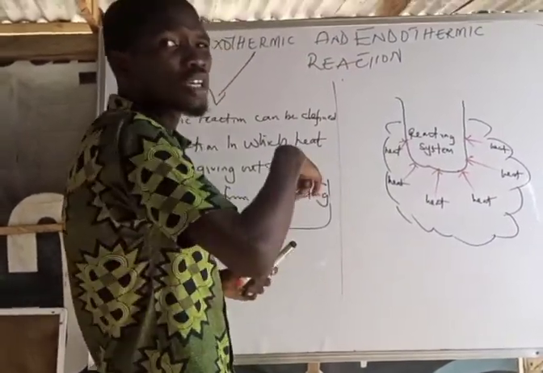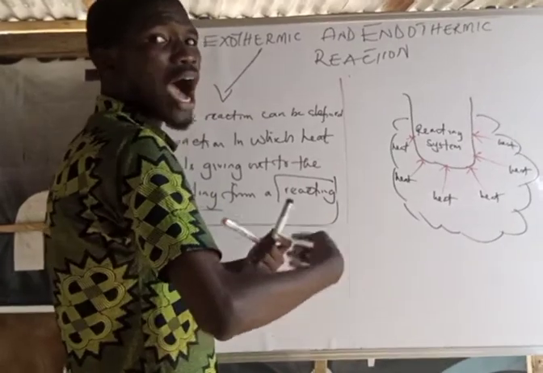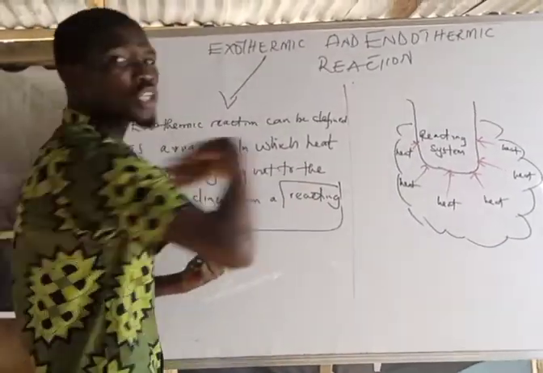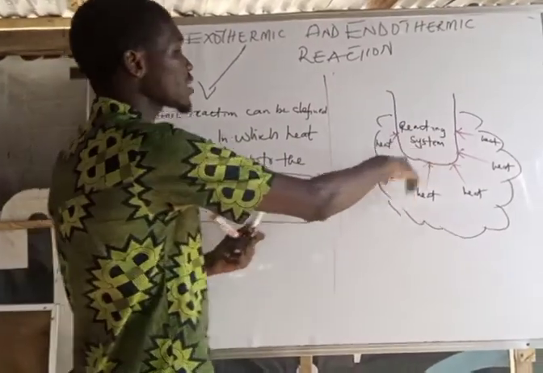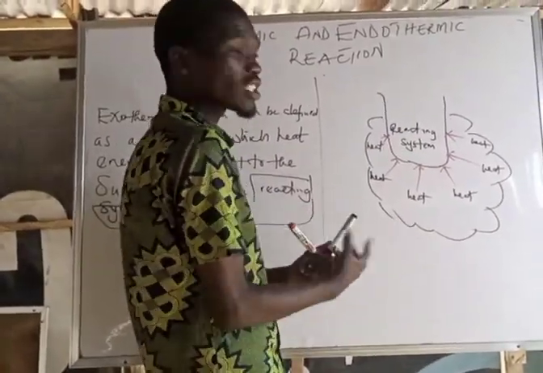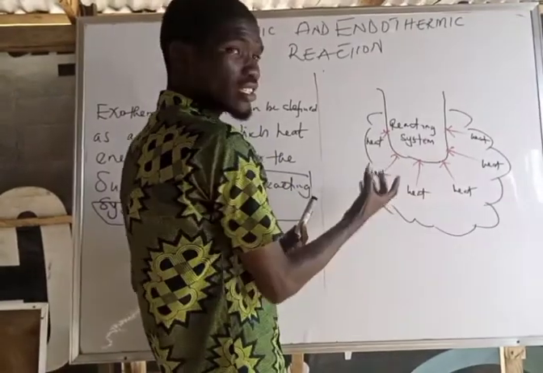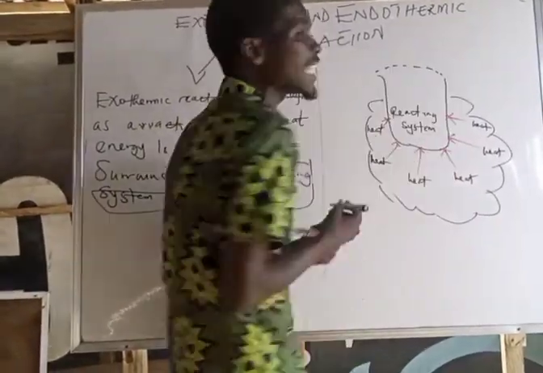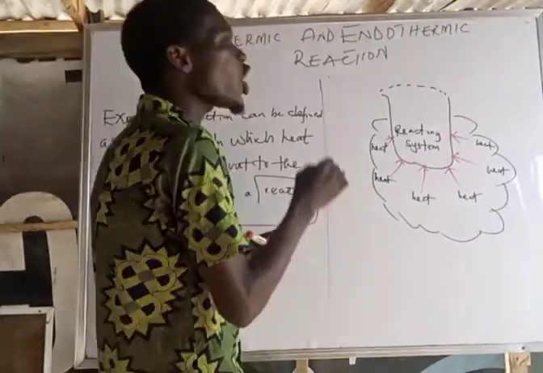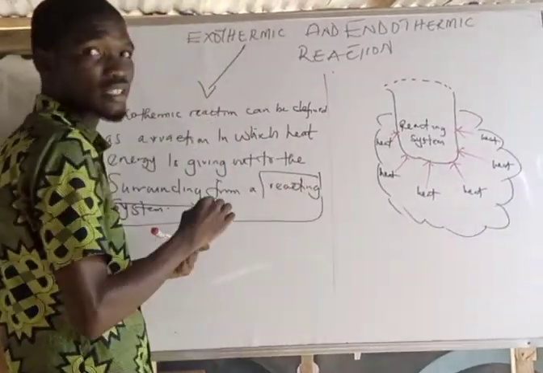So how is it given out, or how does this particular energy get produced within the surrounding? If you have a reacting system being heated, it's going to produce an energy, meaning that the energy of the reacting system decreases.